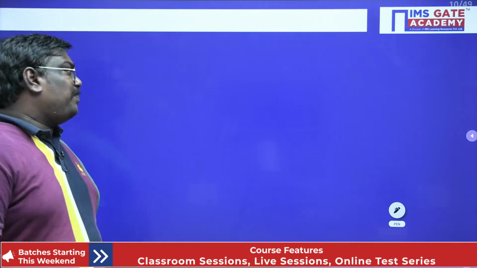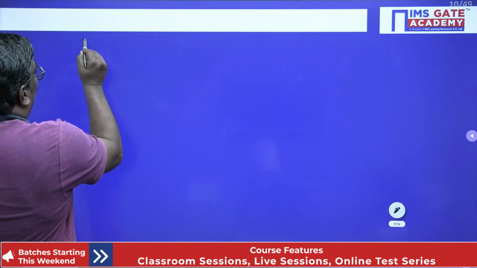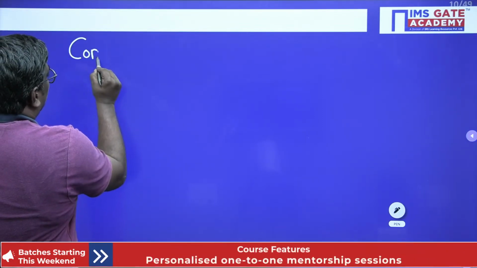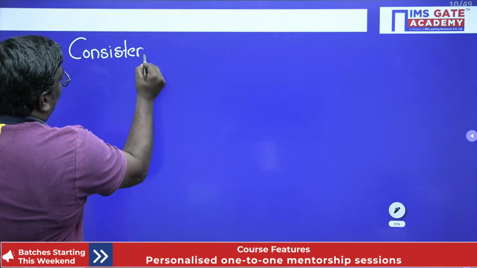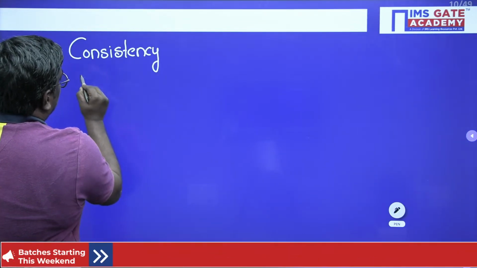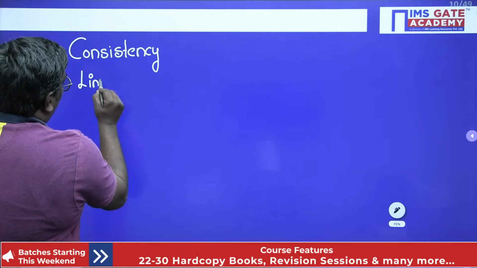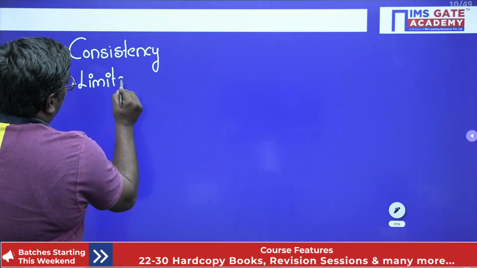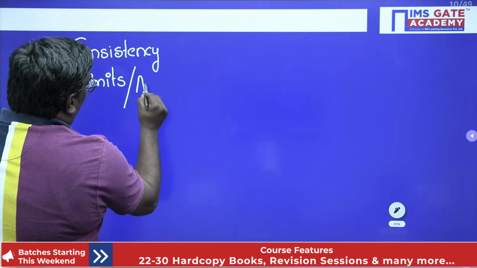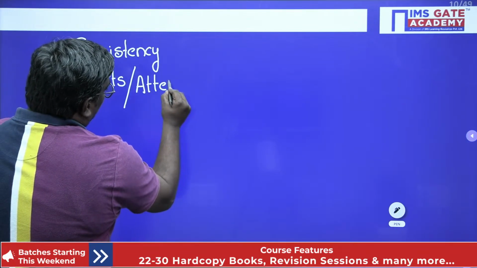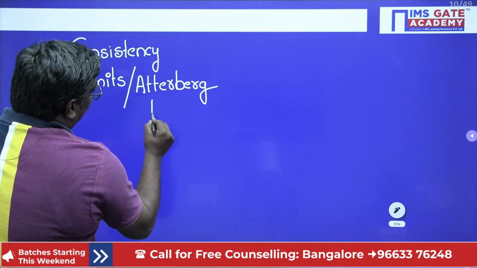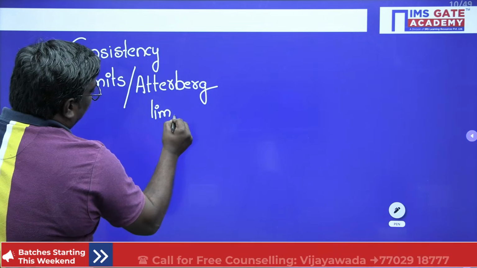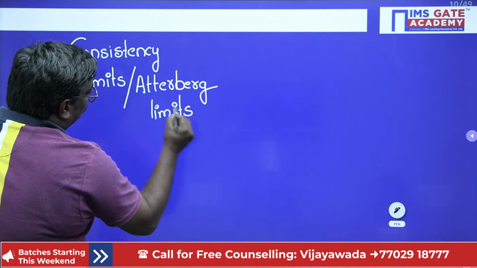So let us go into the most important part, the term called consistency limits, also called Atterberg limits. What are consistency limits also called? Consistency limits are also called Atterberg limits.